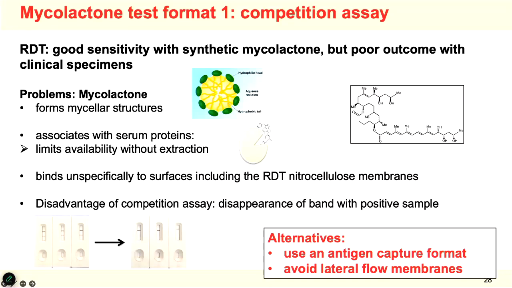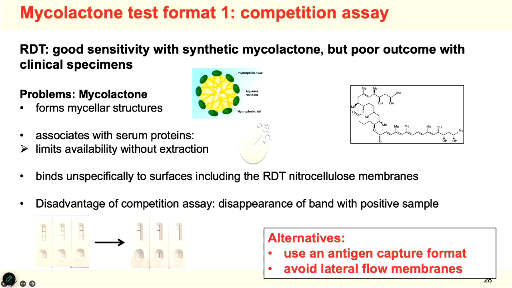And it likes to bind to all kinds of surfaces, including the nitrocellulose membranes used for the lateral flow assays. Another disadvantage of this first test format is that you have a band, and the disappearance of the band shows that you have mycolactone. That can be very confusing for a clinician who is used to the vice versa situation, and that's why it's not the best format.